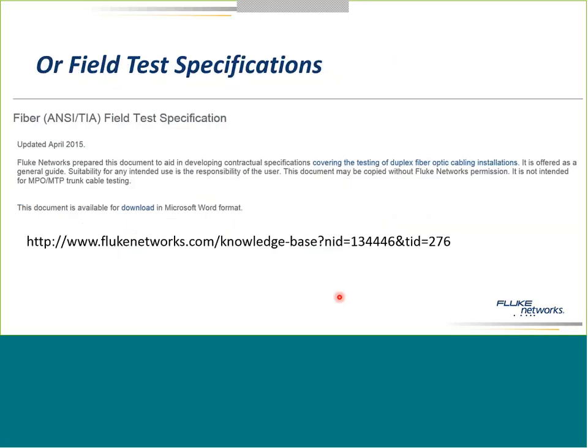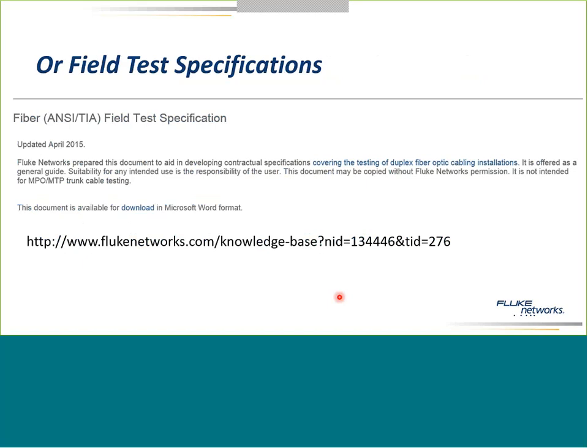One other useful part of the knowledge base is field test specifications. It can be complicated to say, yeah, just follow the TIA 568. Yeah, I want testing per TIA 568. Remember, we've talked about the conflict between TIA standards and application standards.